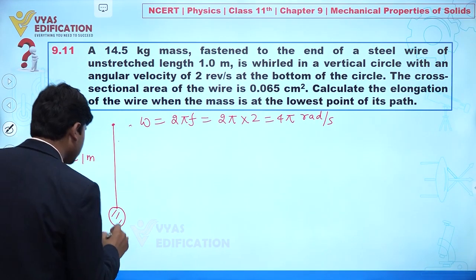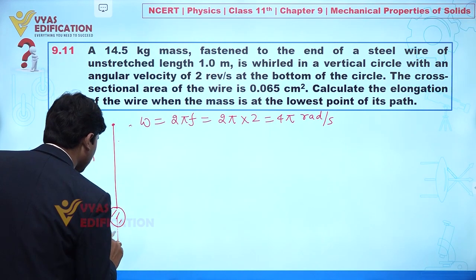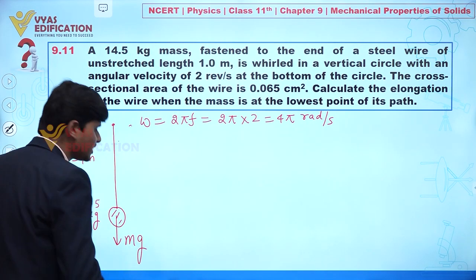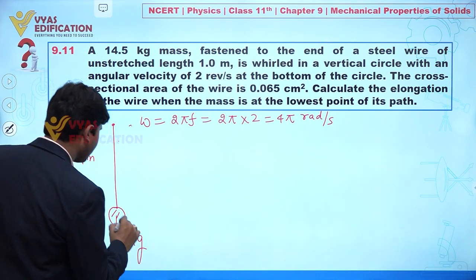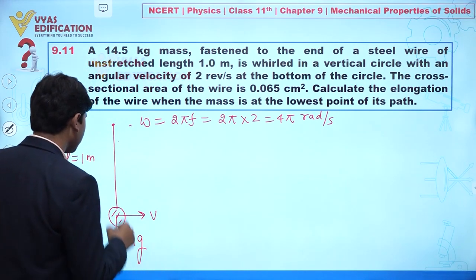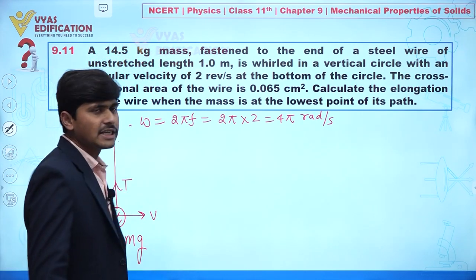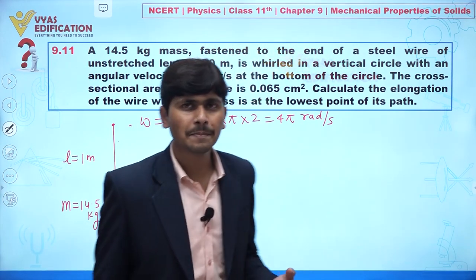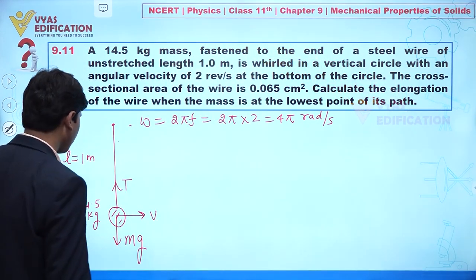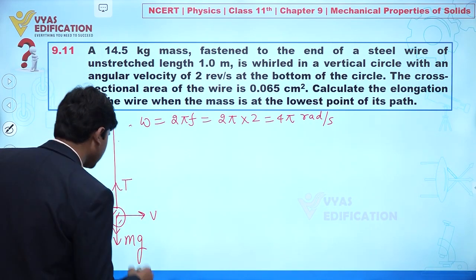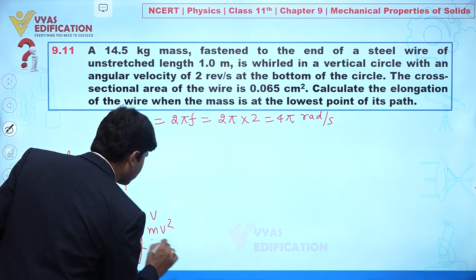So at the lowest position, what are the different forces acting? Number one, force mg is acting. Definitely at the lowest position it has a certain velocity, so tension force is also acting. Now if I talk about the non-inertial frame, I can say a centrifugal force will act away from the center along the radius, given by mv square by r.